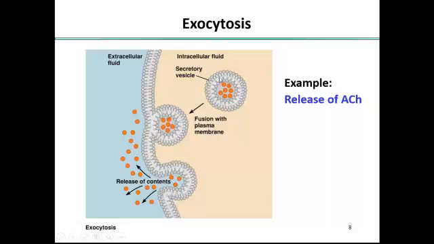The membrane of the vesicle becomes part of the cell membrane, and by doing this, the content of the vesicle is released into the extracellular space. So this is called exocytosis.